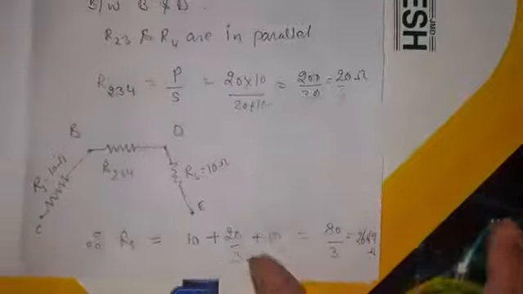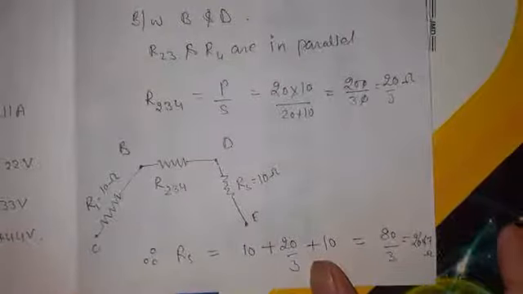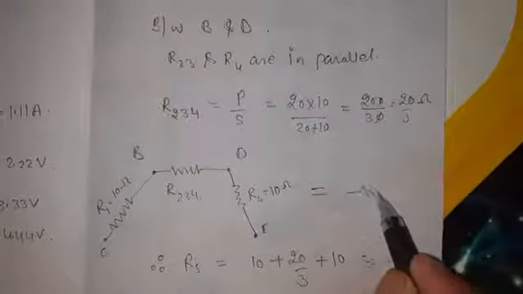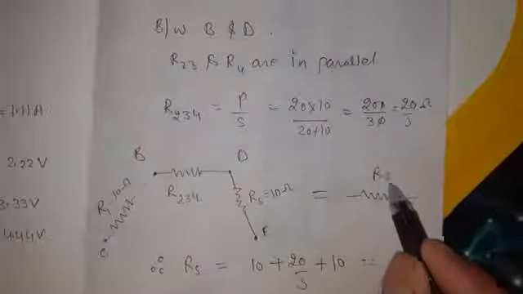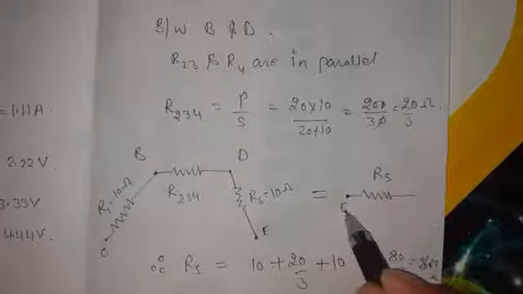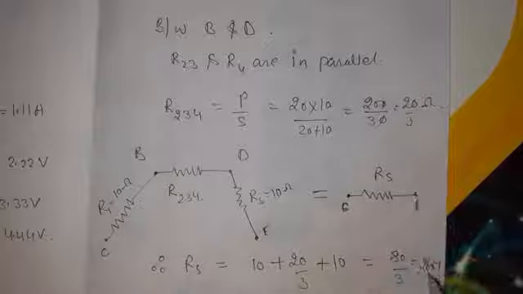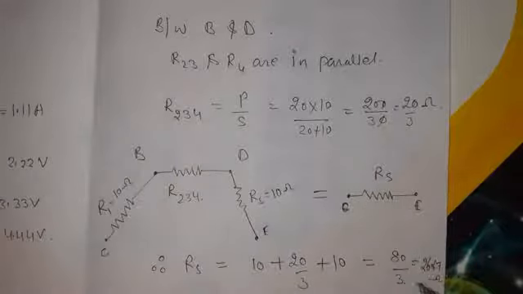Okay, this is the answer. So with the help of the equivalent diagram we can solve them. Further, I am going to use only a single resistance between C and E, and this should be 26.67. Okay, so this is the equivalent resistance.